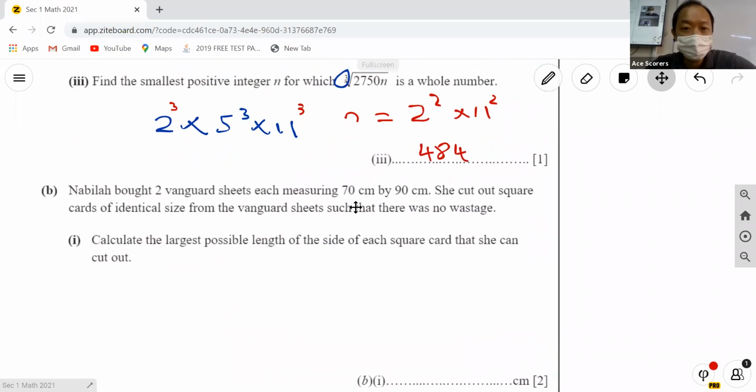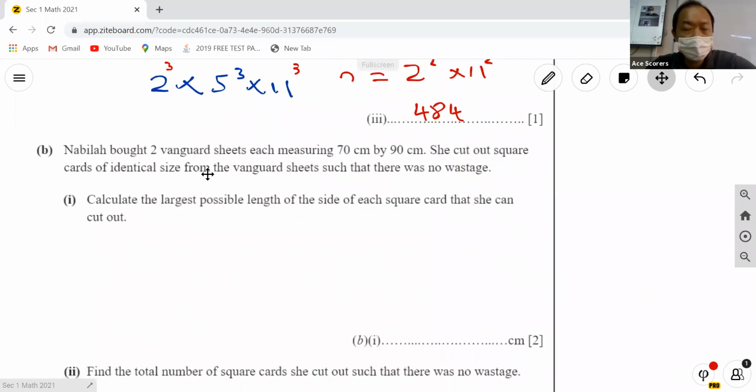Nabila bought 2 Vanguard sheets, 70 by 90. She cuts out square cuts of identical size from the sheet. Find the largest possible length of the square cut that she can cut out.